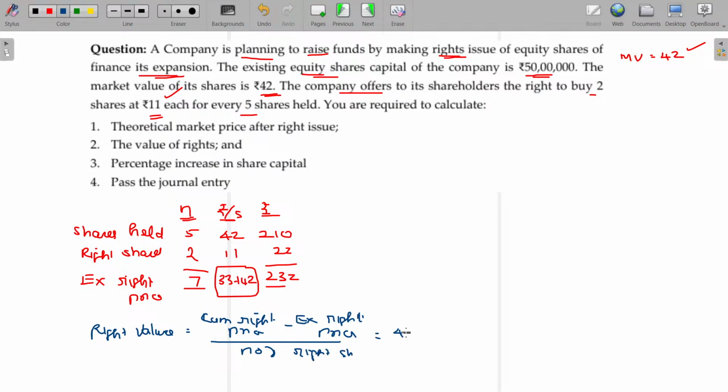So 42 minus 33.142, divided by 2. Come on, get me the value. 4.43. Clear?